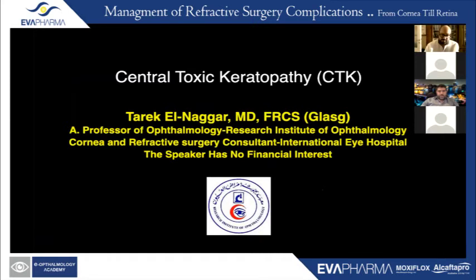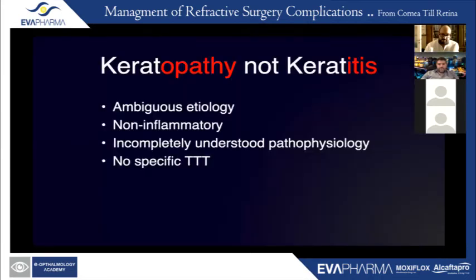Actually, it's not a funny or nice topic to present, central toxic keratopathy. Luckily, it's rare. But first of all, we should look into the nomenclature, because it is keratopathy, it is not keratitis.